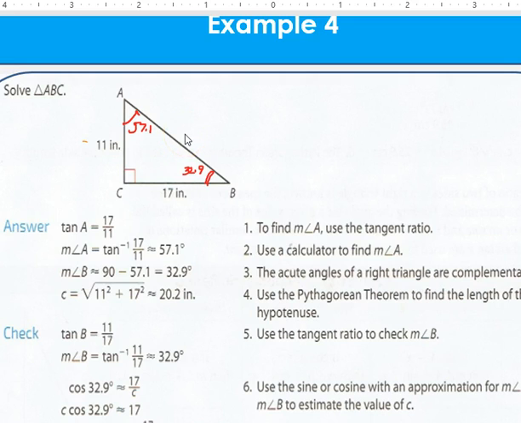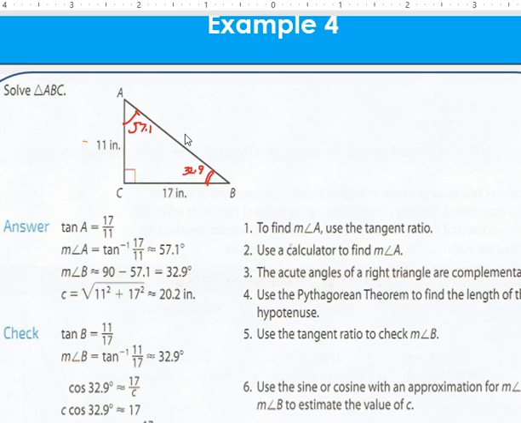So the length AB is the hypotenuse, so 11 squared plus 17 squared equals C squared. C would equal the square root of 11 squared plus 17 squared. 11 squared is 121, and 17 squared is 289.